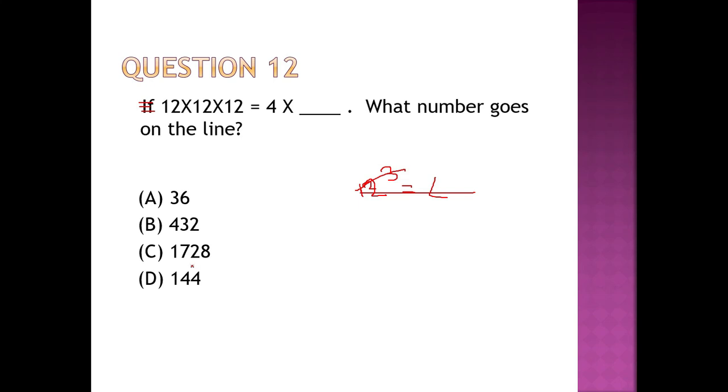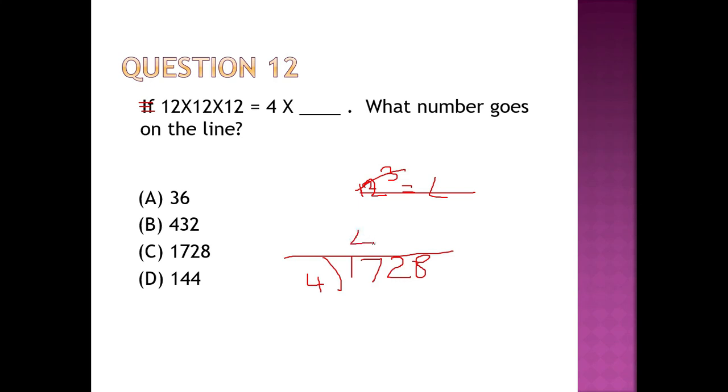It's asking us to find out 12 by 12 by 12 is equal to 4 by what. The answer to this part is 1728. All you have to do now is divide this by 4.